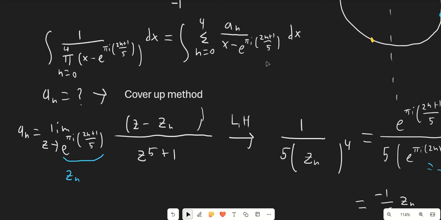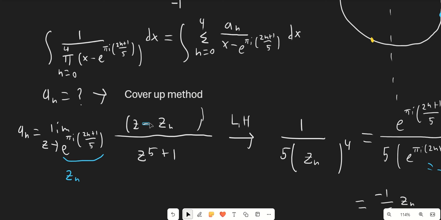We can plug that into the rest of the rational function and just ignore that one term, which is going to be 0, just cancel that out. And that will allow us to find the coefficient. In this case, actually plugging it into all of those terms is going to be very difficult. So that's actually the same thing as taking the limit as z goes to e to the pi i 2n plus 1 over 5 of z minus zn, where this is zn, over z to the 5th plus 1.